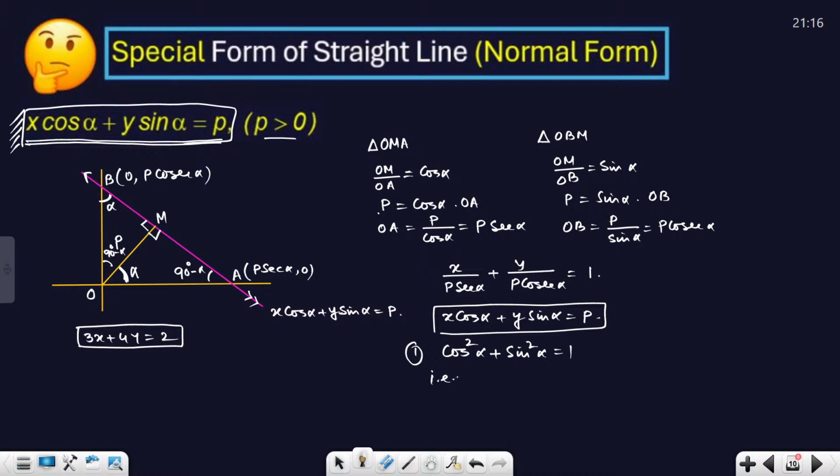That is, the square of the coefficient of x plus the square of the coefficient of y becomes equal to 1, and P is positive. This is the second point. If you find these two conditions, then you will say that the given equation is in normal form.